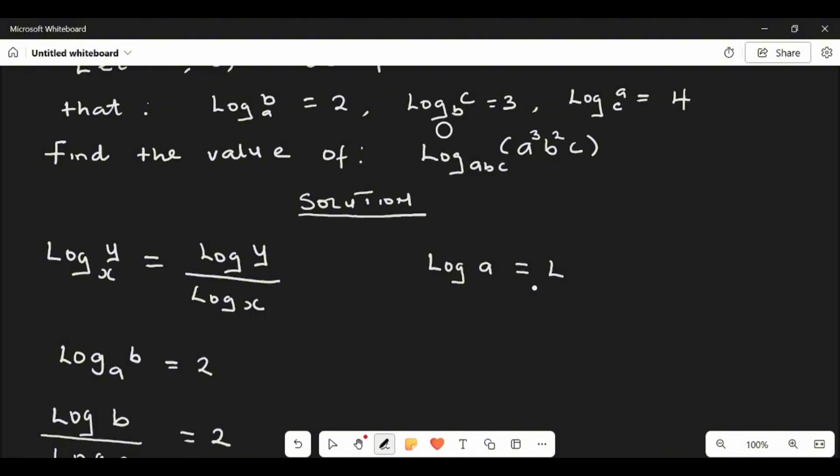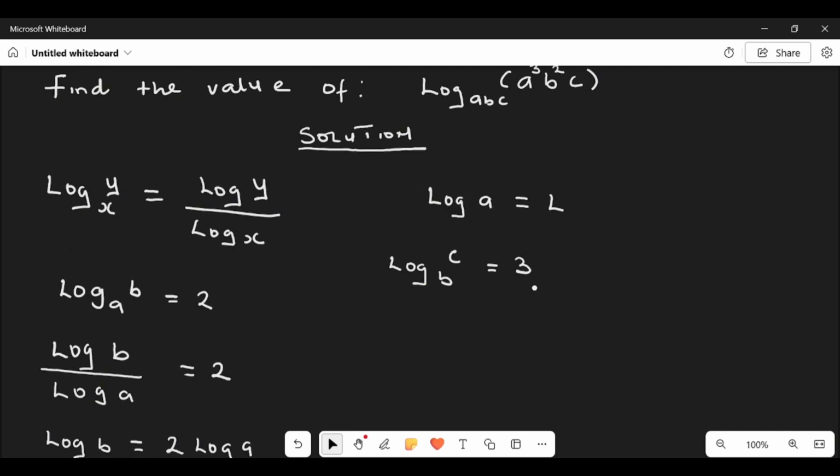Also, log C base B equals 3. Using this format, log C base B can be written as log C over log B equal to 3.